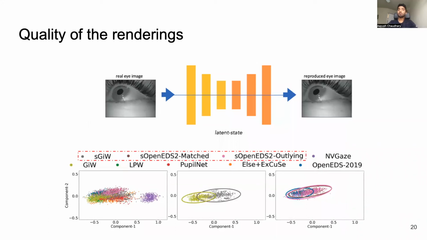We also try to quantify the quality of the renderings. To do this, we use a technique that is popular in anomaly detection, where we train an autoencoder on the real images, and during inference time, we test the latent space representations of the real and synthetic datasets and find how much they vary.